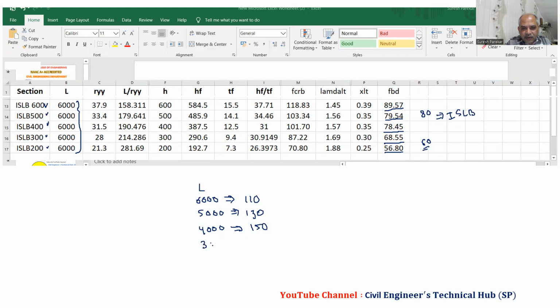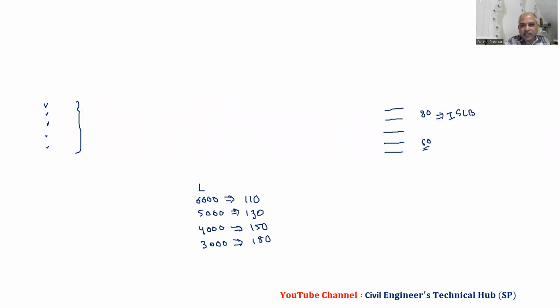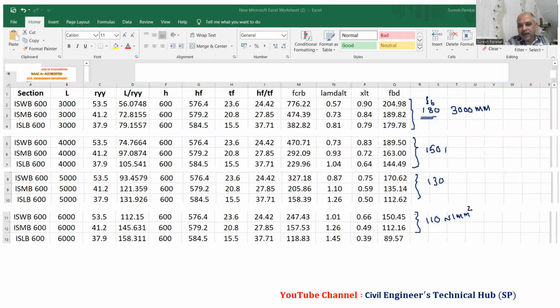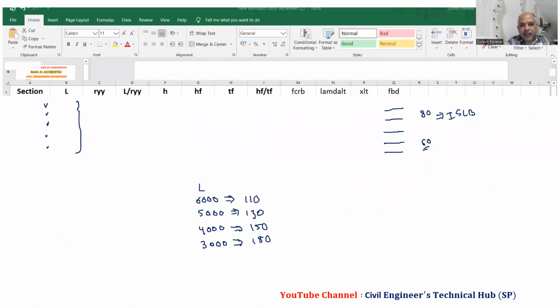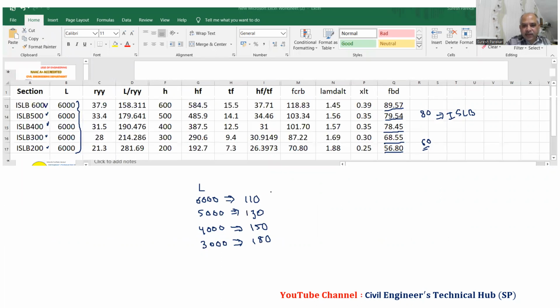And for 3000, I can go for 180, as we have just seen in the last video. So we have these values 110, 130, 150 and 180. We have to consider these tentative values, and from this we can find Zp required.